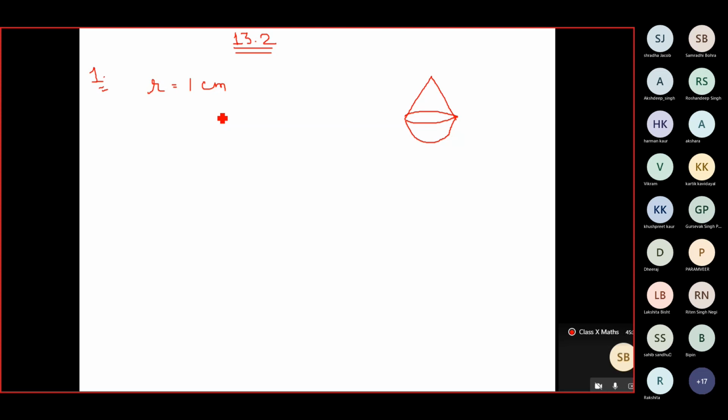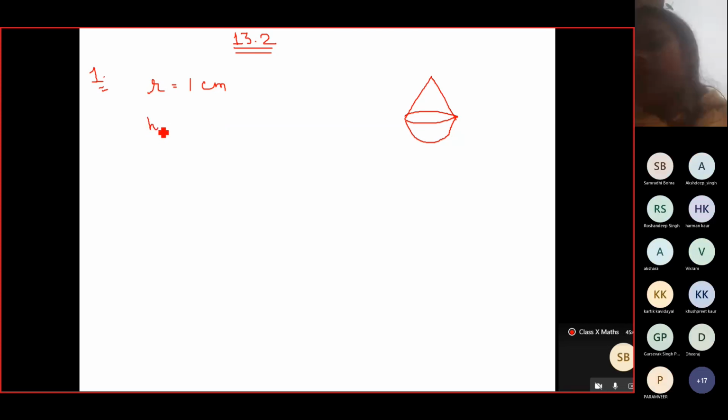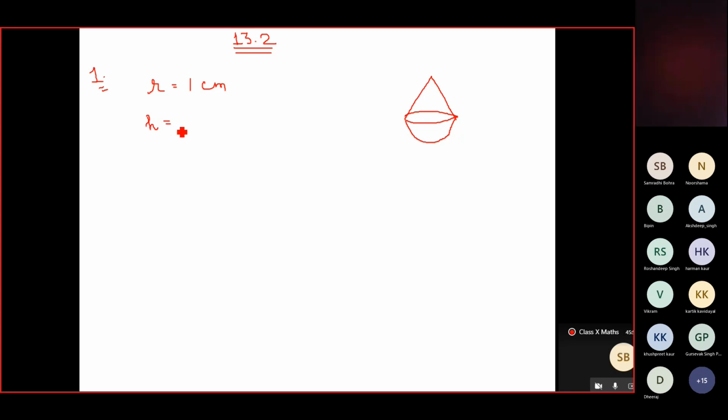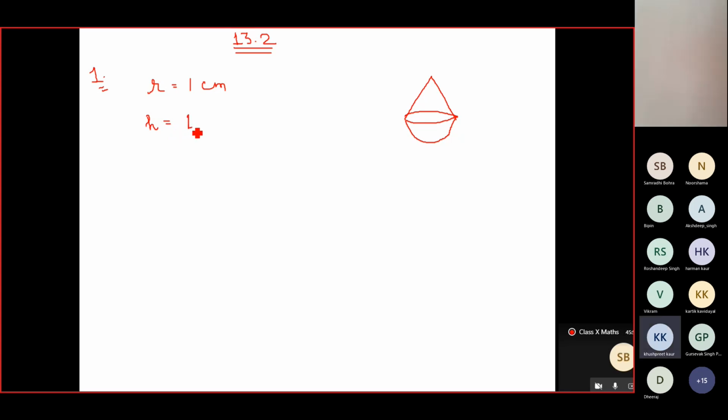And the height of the cone is equal to the radius. That means height of the cone will be how much? 1 centimeter only.